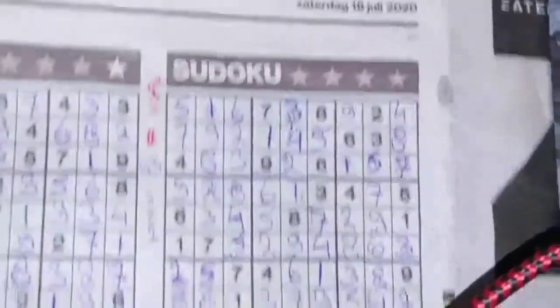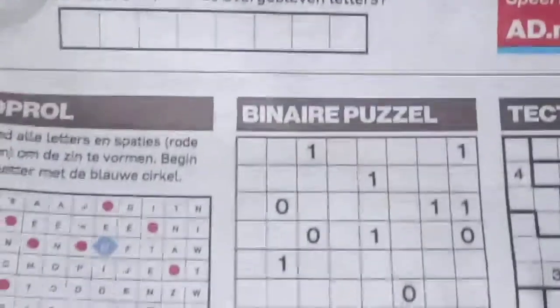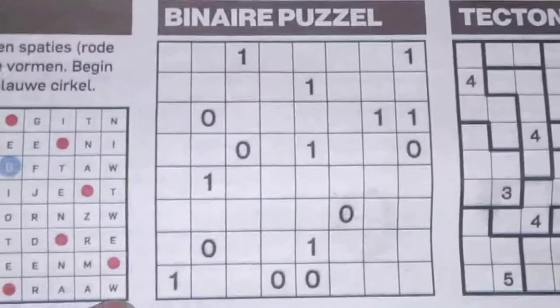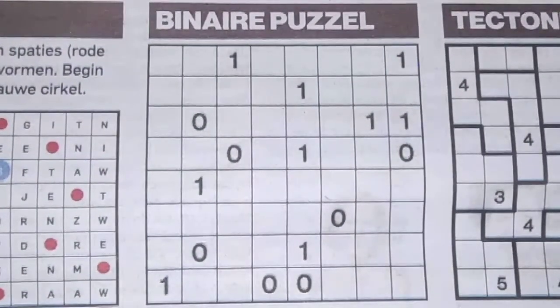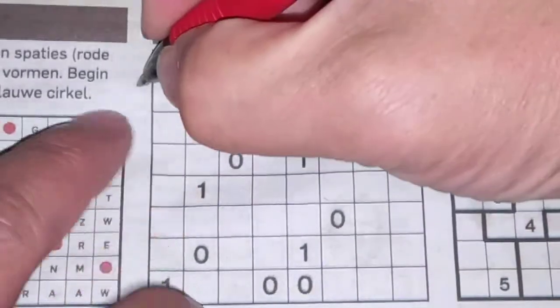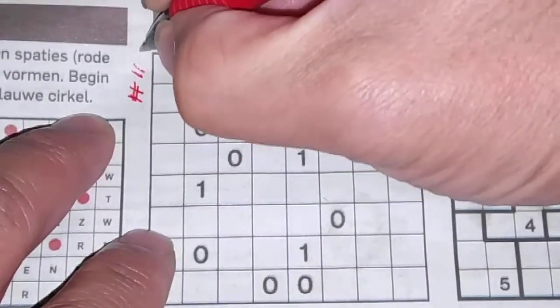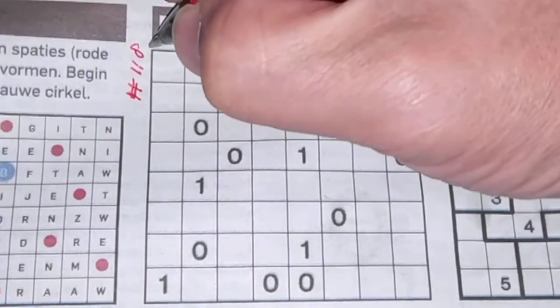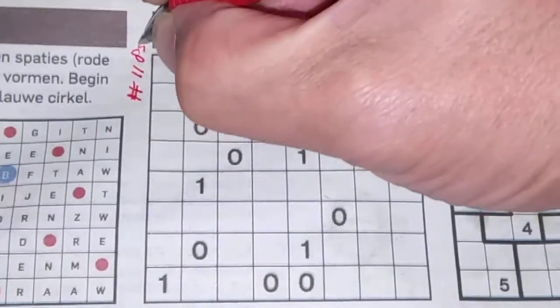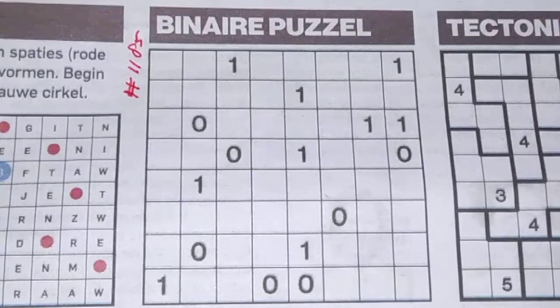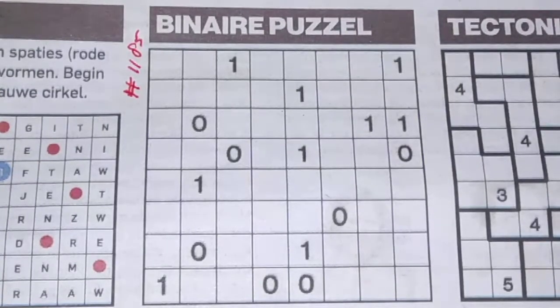Yes, the fifth puzzle is a binary puzzle, number 1185. And what kind of binary puzzle is this?